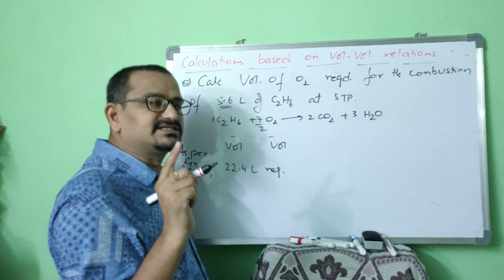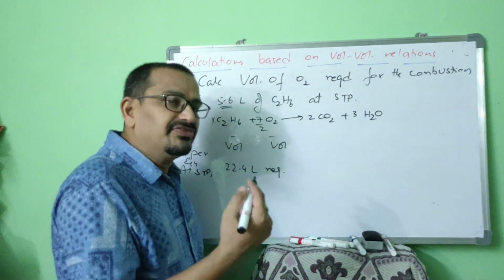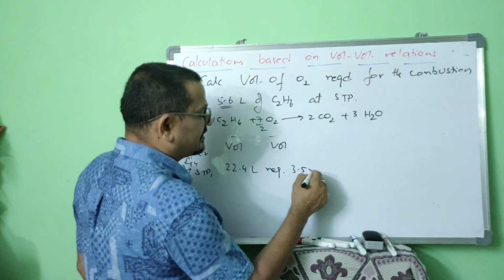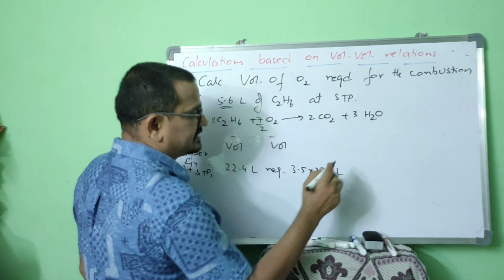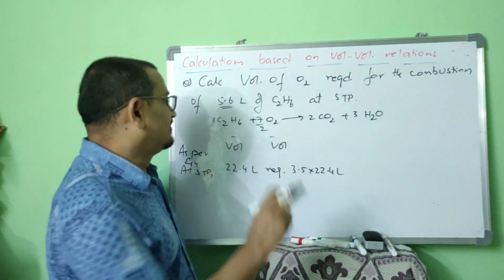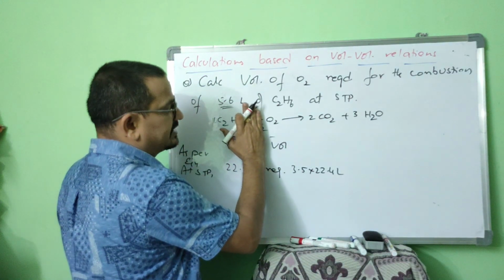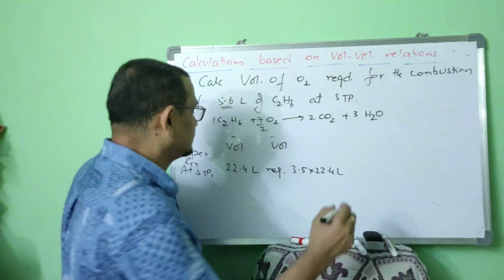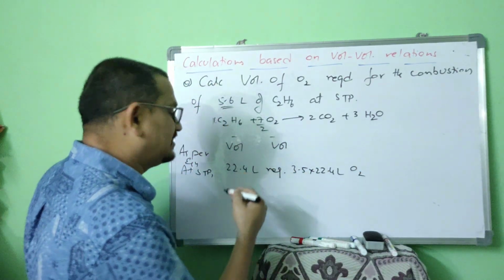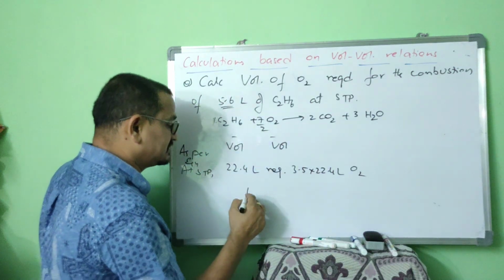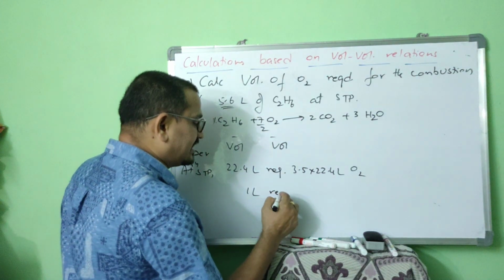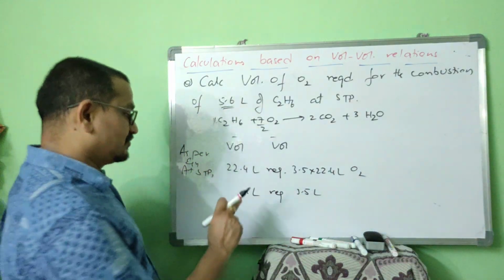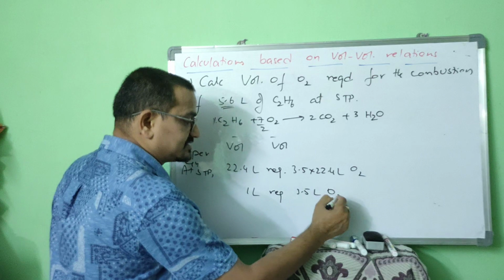When 1 mole of oxygen occupies 22.4 liters, 3.5 moles occupies 3.5 into 22.4 liters of oxygen. Now the common value is 22.4 liters, by cancellation, every 1 liter requires 3.5 liters. So 1 liter requires 3.5 liters of oxygen.